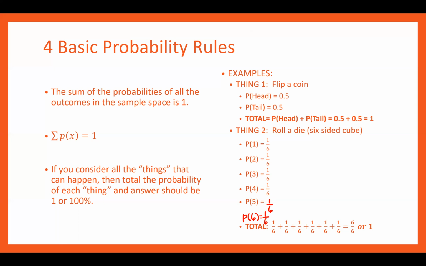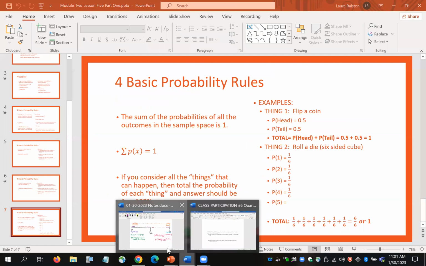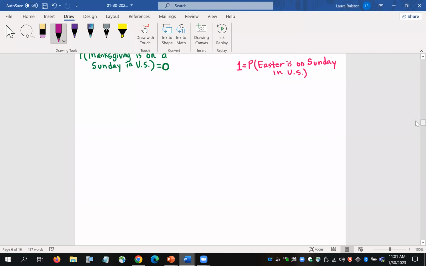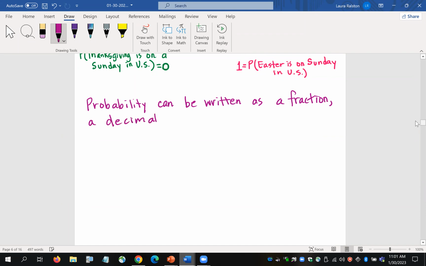Now, probabilities, as you've kind of seen in this presentation, can be written as fractions, decimals, or percents. Okay, so probabilities can be written as a fraction, a decimal, or a percentage.